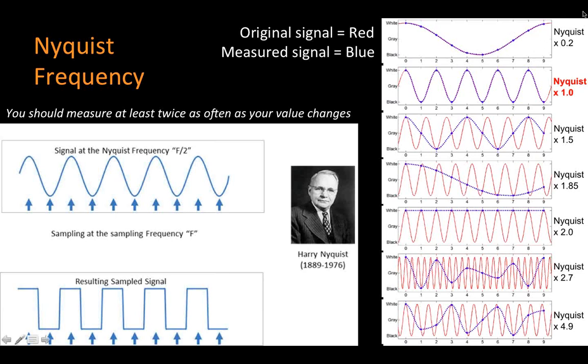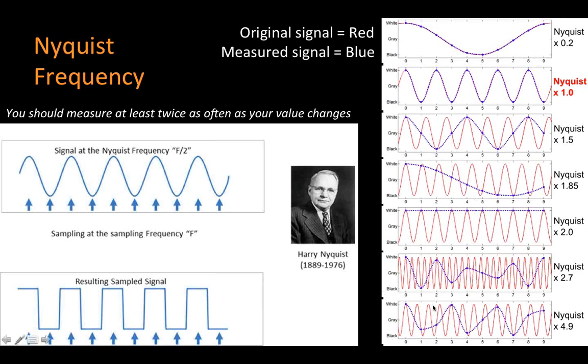Then we are sampling a little bit slower, but we are still happy on the second one. But as we move down on the graphs, as our sampling rate starts getting slower, it's no longer able to capture the original system changes.